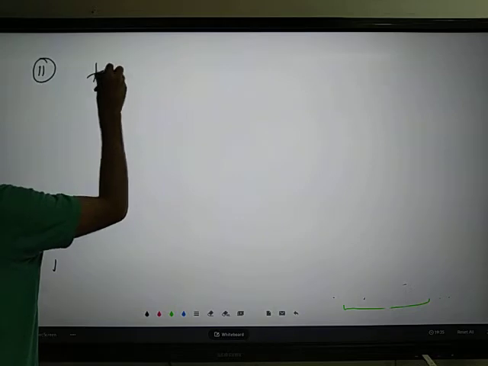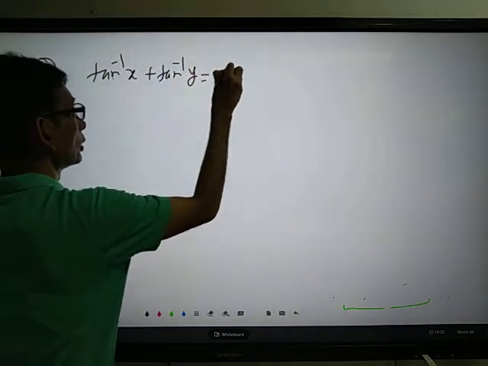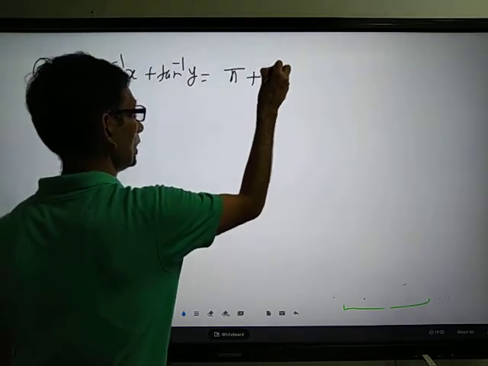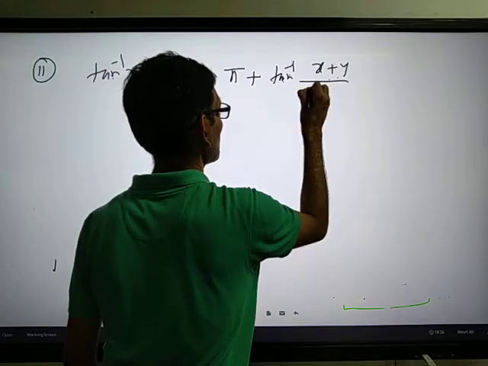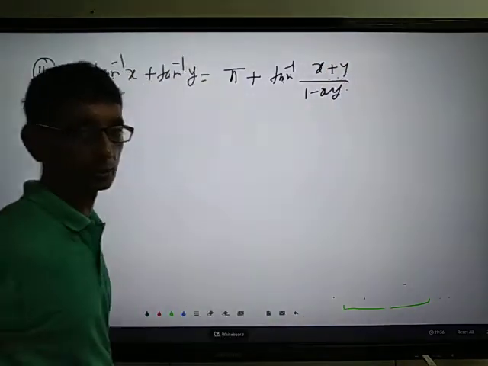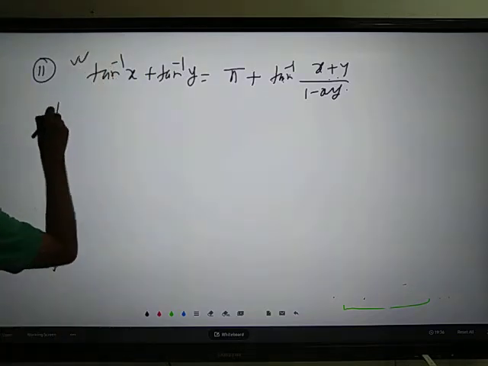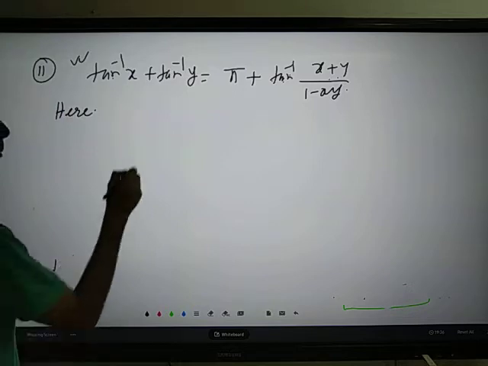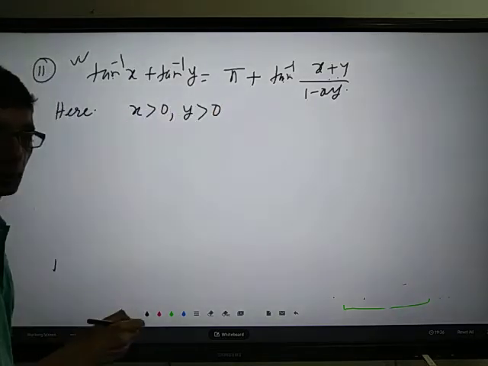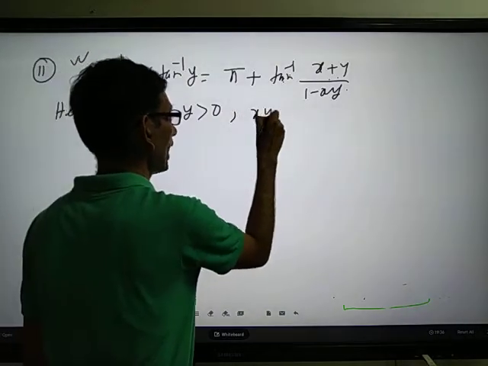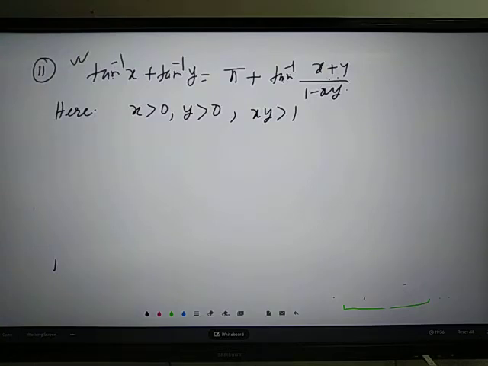Tan inverse x plus tan inverse y is equal to pi plus tan inverse of (x plus y) divided by (1 minus xy). We are going to prove this. What are the conditions given? Remember this: x is positive and y is also positive, and apart from this, it's given that the product xy is greater than 1.